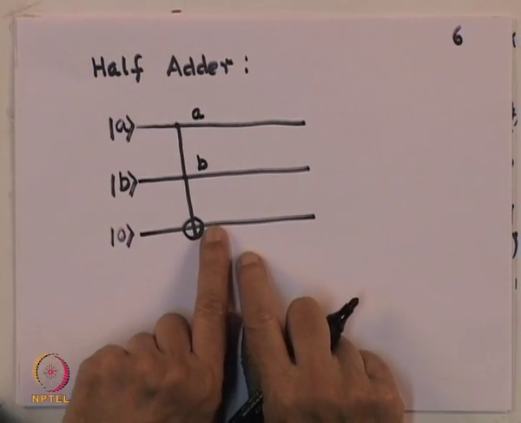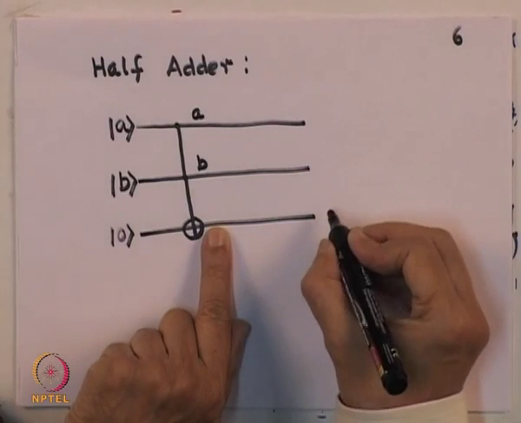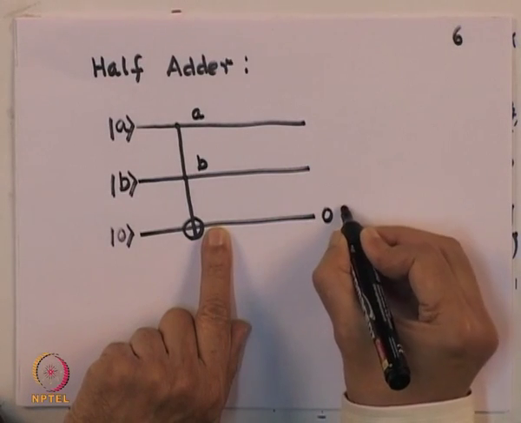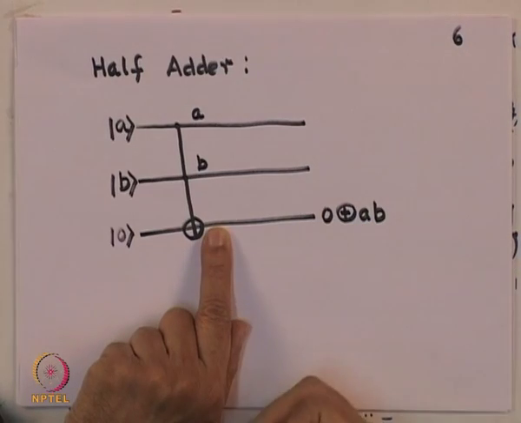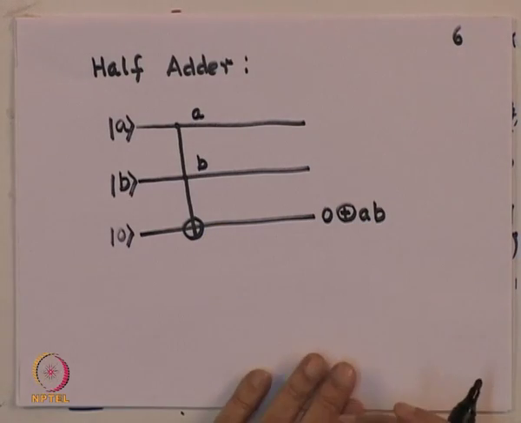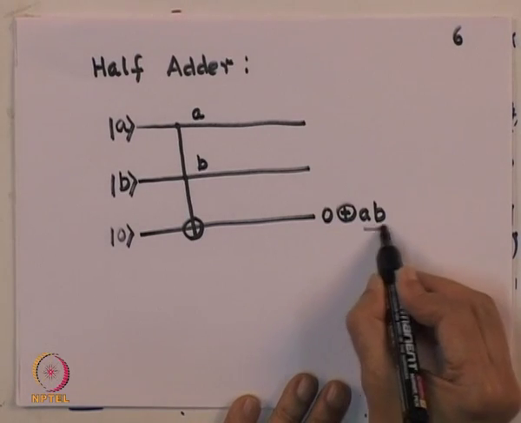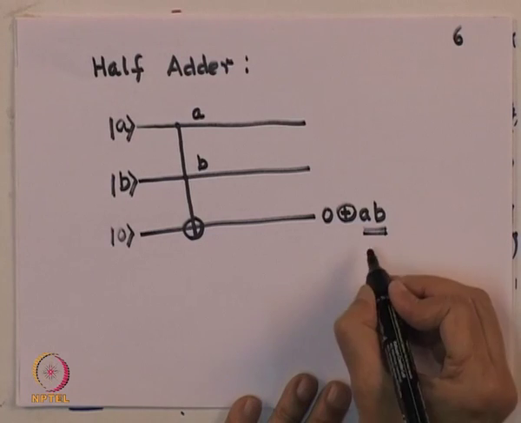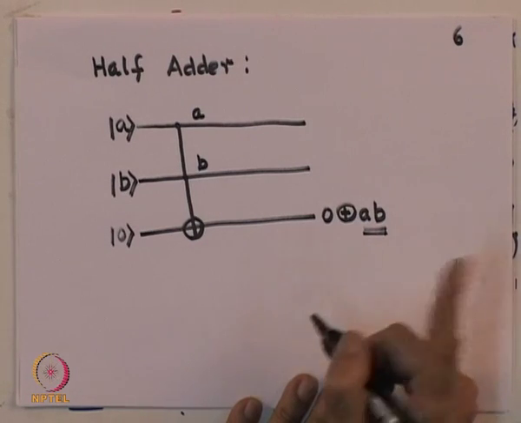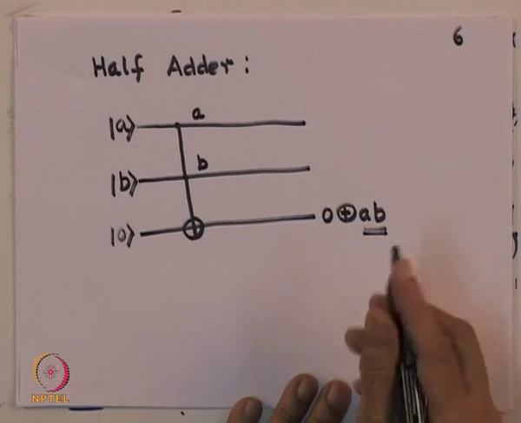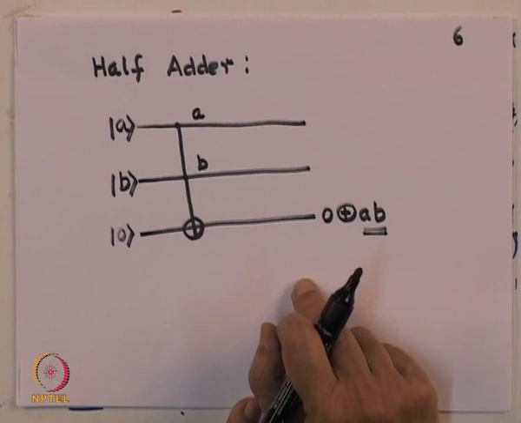And at the end of the CCNOT gate, what I get is 0 plus AB. Now 0 plus AB, what is this? Notice that AB has a product of 1 only if both A and B happen to be equal to 1. So this will be the XOR of 0 with 1, giving me 1.